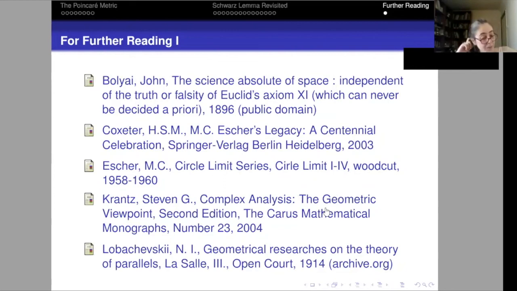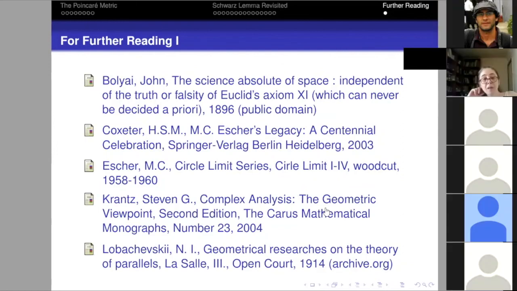It was revolutionary mathematics at that time. Janos Bolyai, I think, and Lobachevsky were the first to discover these non-Euclidean geometries, and everything was about the fifth postulate of Euclidean geometry, the parallel postulate.